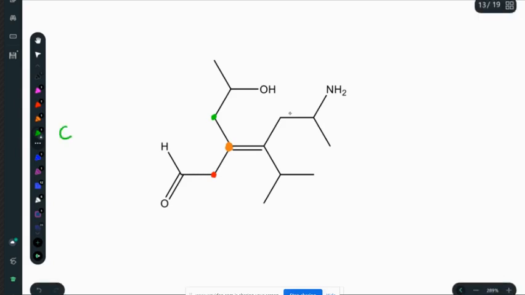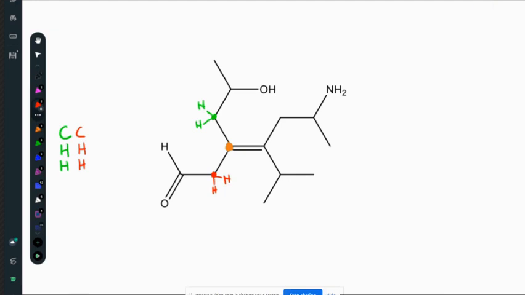Green is bonded to a carbon, which is up here, that's the next one, and then 2 hydrogens. So it's bonded to C, H, and H. Well, if I look at my red one down here, this is also bonded to C, H, and H.